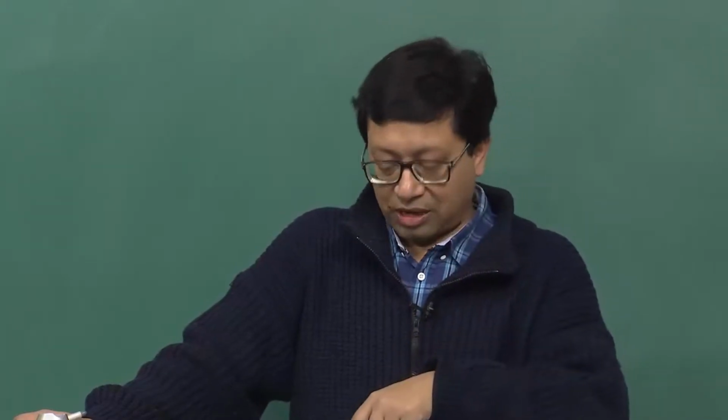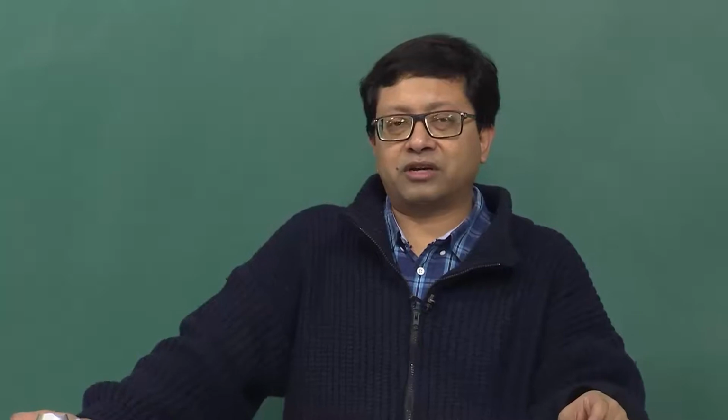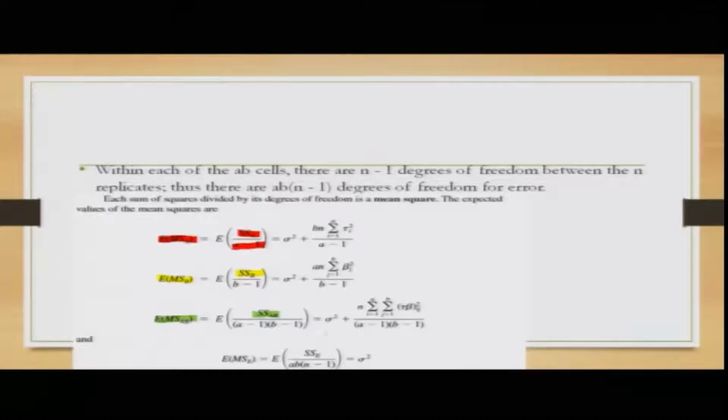Obviously it will be squared because you are finding the sum of the squares. So, that will be tau beta suffix ij square, and obviously the division would always remain the same. In this case it is a minus 1 into b minus 1, and finally, the mean square of the errors would be sigma square, as we have found in the general case. We can prove it very simply.